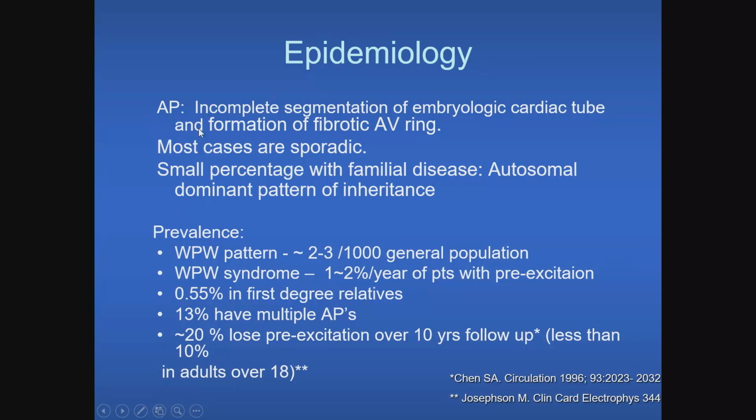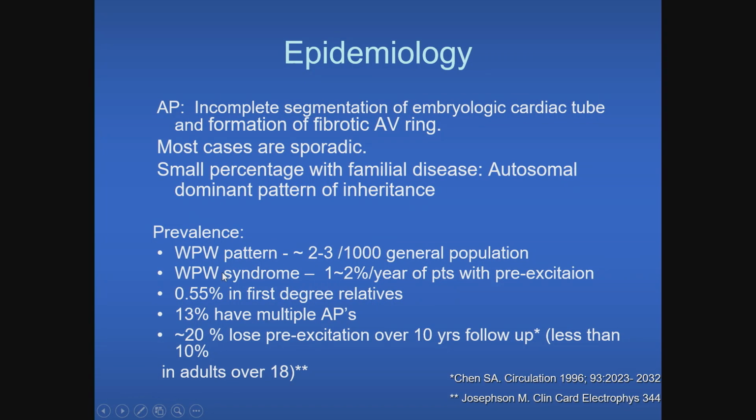An accessory pathway is an incomplete segmentation of the embryologic cardiac tube and formation of the fibrotic AV ring. Most of the cases are sporadic, but a very small percentage have a familial pattern of inheritance. The Wolff-Parkinson-White pattern is 2 to 3 out of 1,000 in the general population.